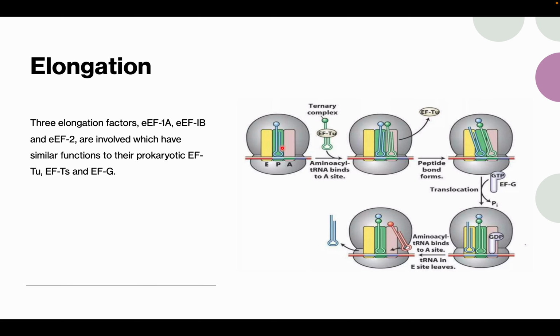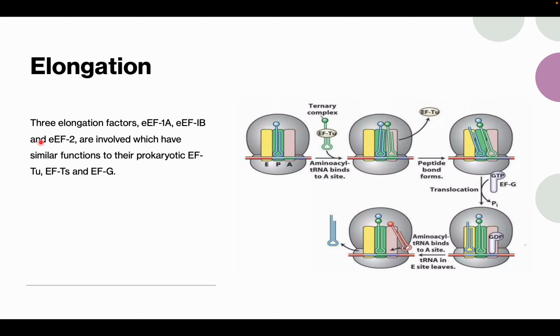So we have the first tRNA, which is methionine, present at the P site, and then another tRNA comes to bind at the A site, and with the help of elongation factor 1A, the methionine gets transferred to this tRNA, and what is left is the uncharged tRNA.